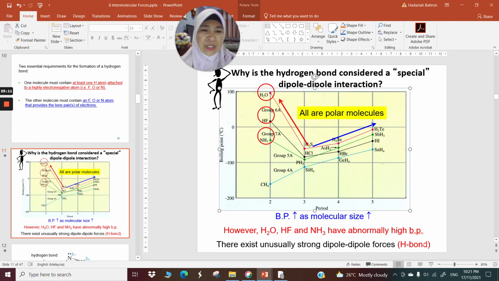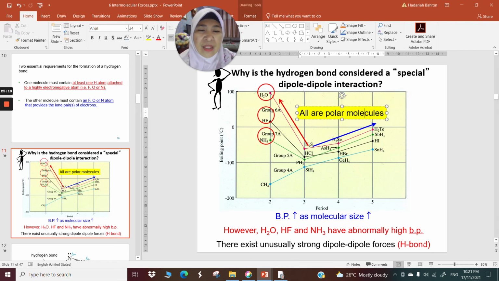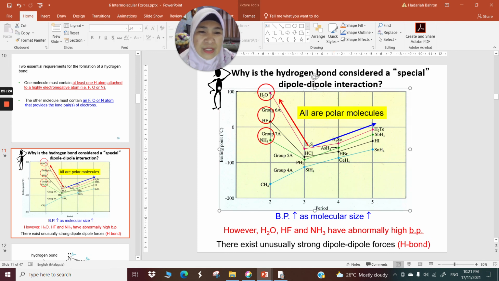All of the molecules in this table are polar molecules. Similarly, when you look at group 4, going from carbon down to silicon, germanium, and tin. And then group 5, you have nitrogen.